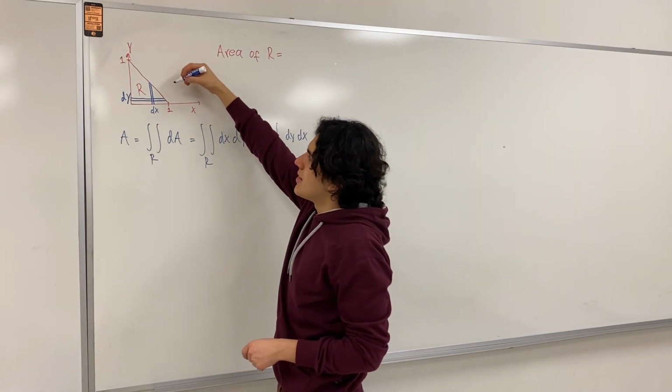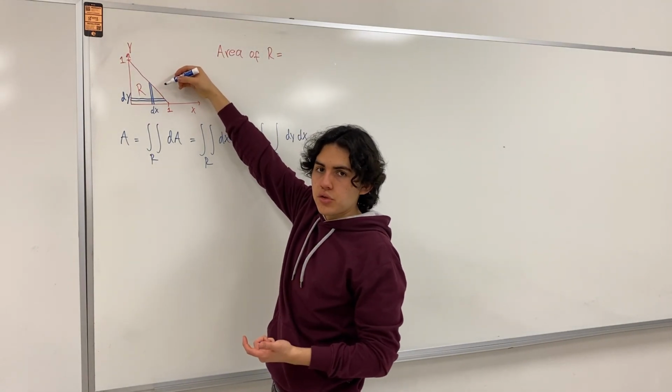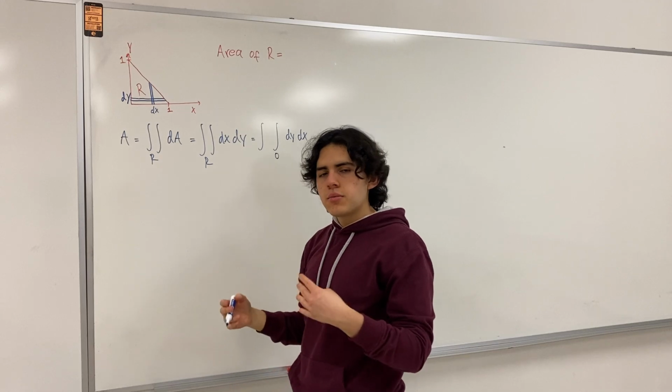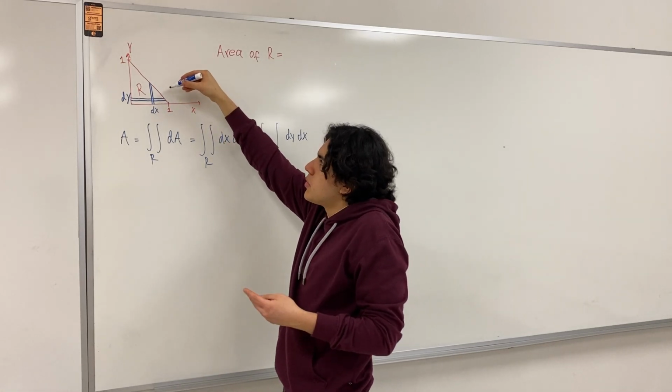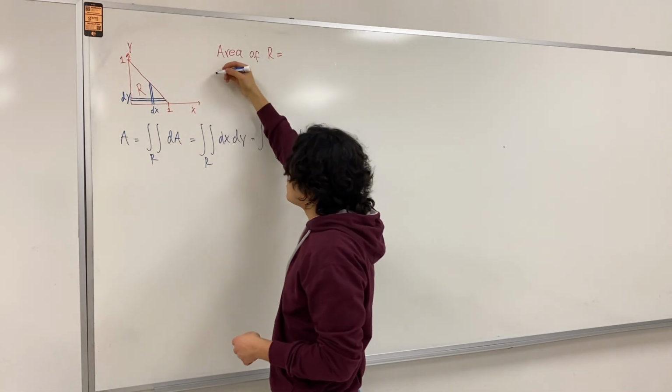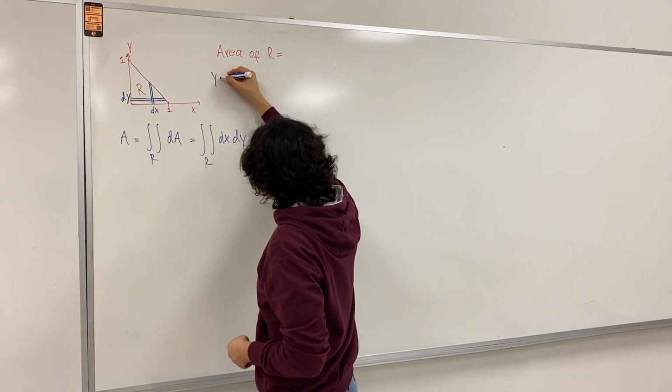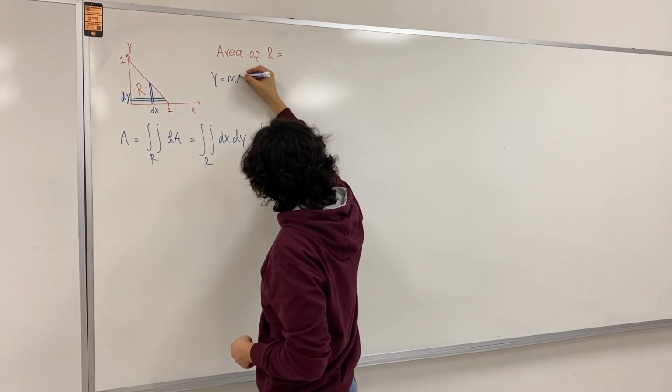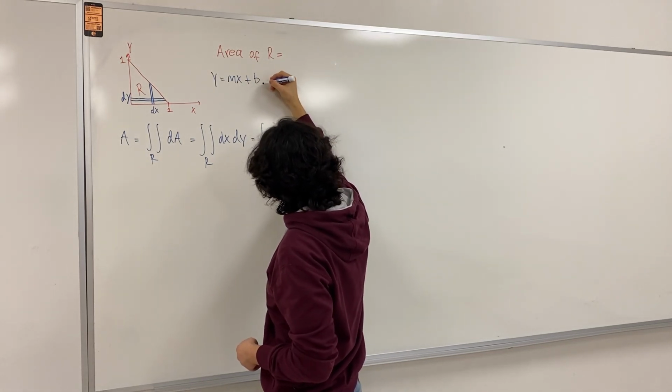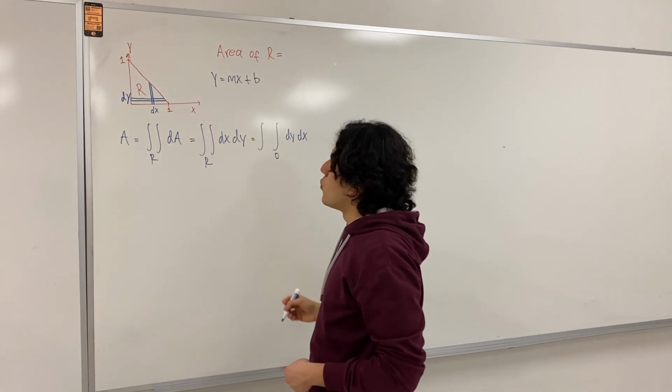Notice that this is a line, a linear function, and we can write y in terms of x by finding an expression for this line. Let's do that now. We know a line can be written as mx plus b, where m is the slope and b is the y-intercept.